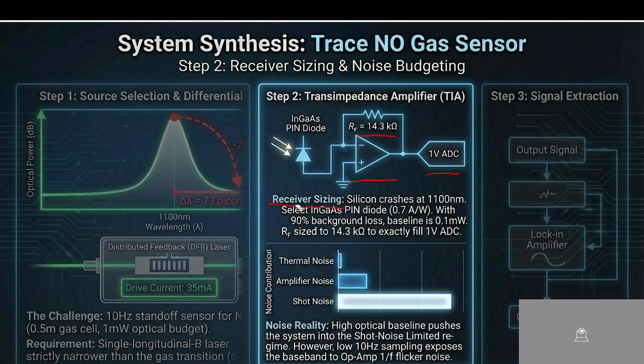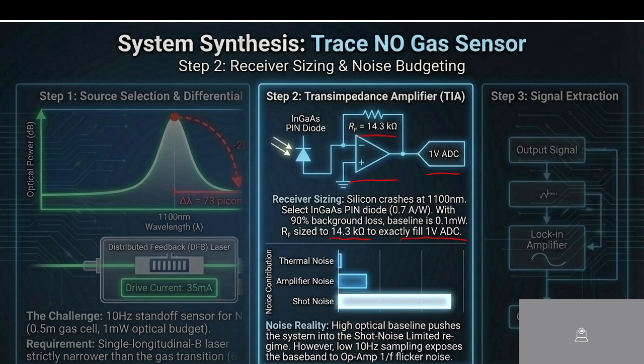Select an indium gallium arsenide PIN photodiode, which has 0.7 amps per watt, with 90% background loss. Baseline is 0.1 milliwatt. RF sized to 14.3 kilo ohm to exactly fill the 1 volt of the ADC.